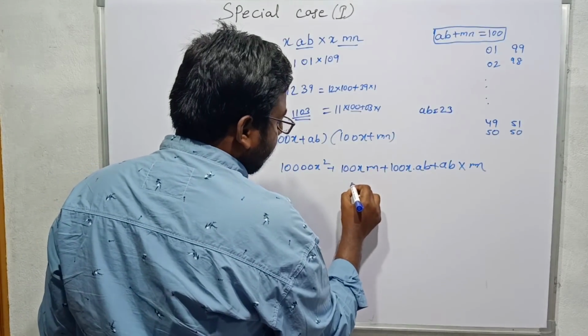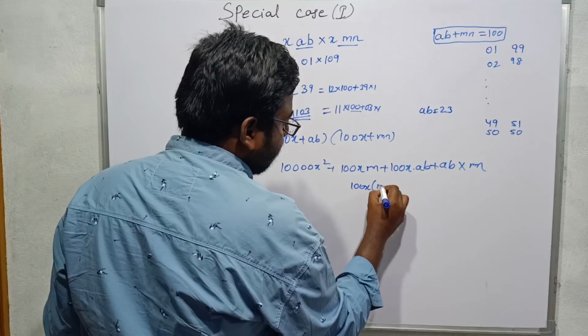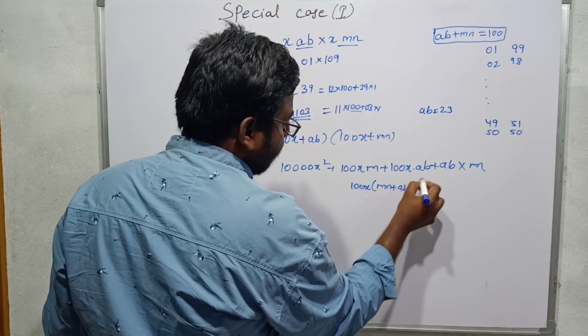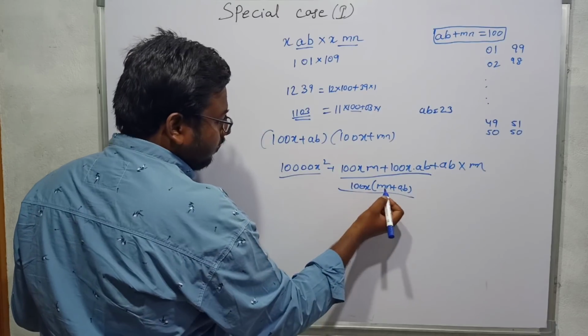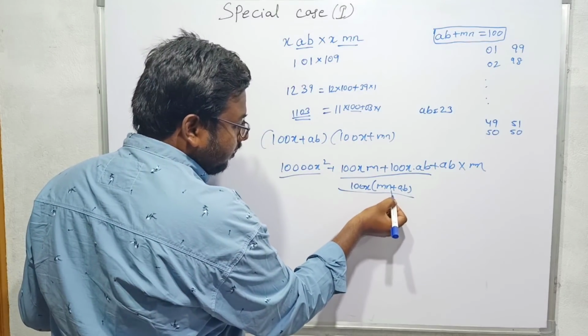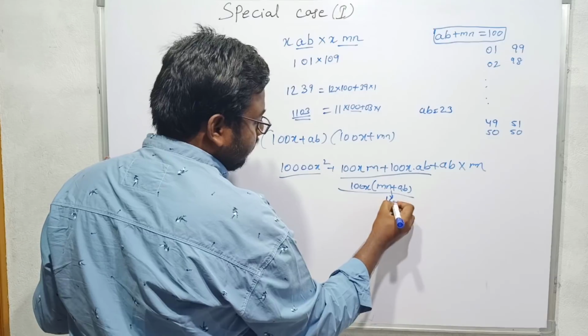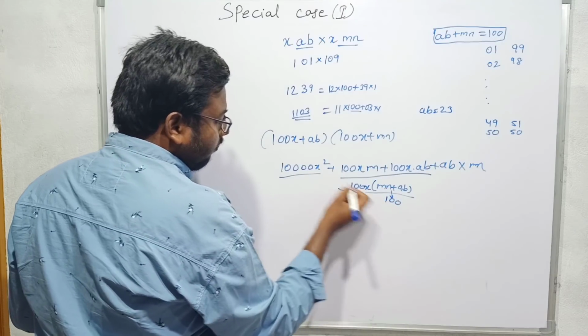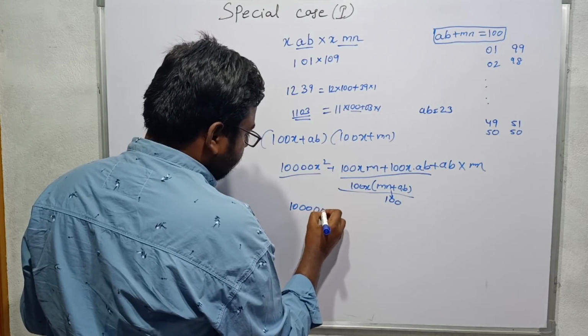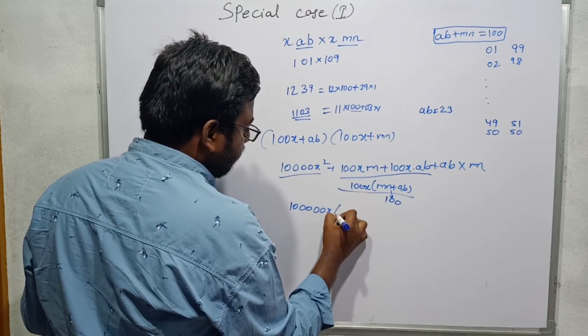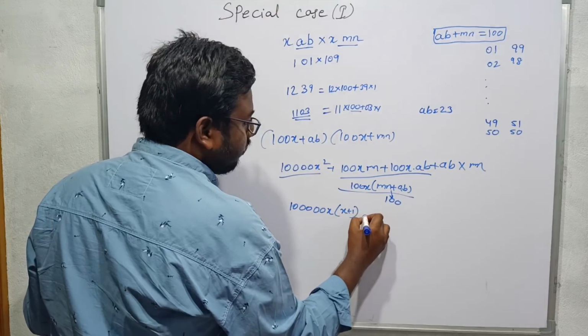If I take 100x common here, MN plus AB I will get here. MN plus AB is always 100, so if I take 10,000 x common here, then I will get x plus 1.